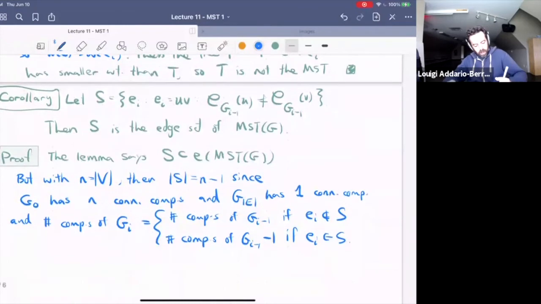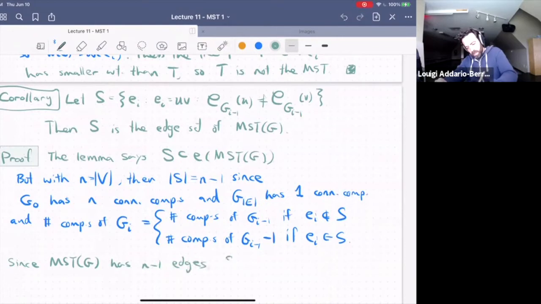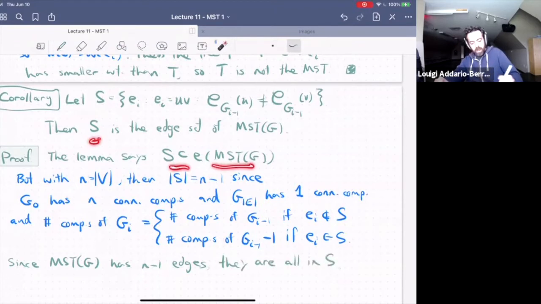Okay, so S has size n minus 1, and the minimum spanning tree has n minus 1 edges, right? Because it's a tree with n vertices. So that means they must all be in S. We have a subset of the edge set, but it has the same size as the edge set.